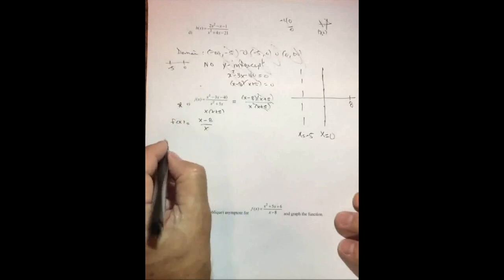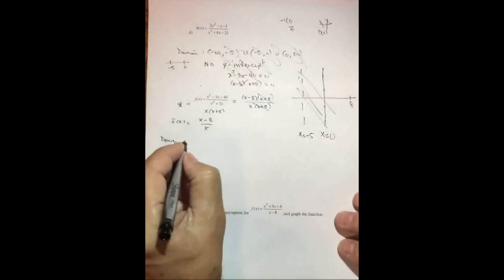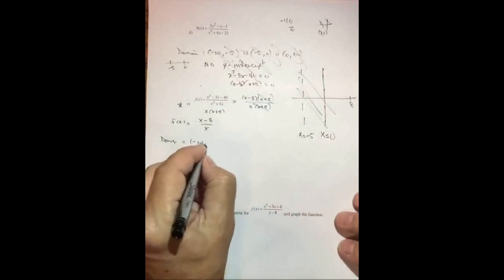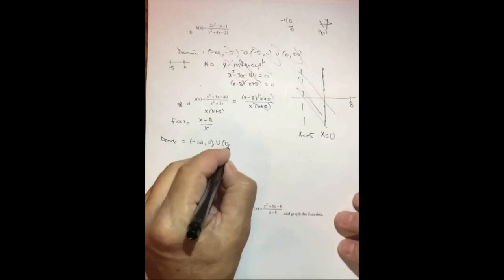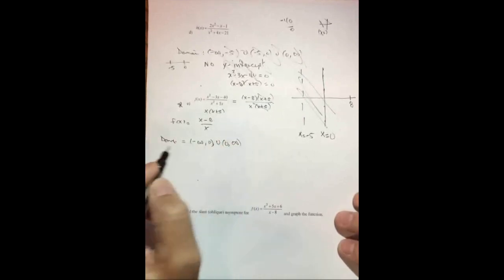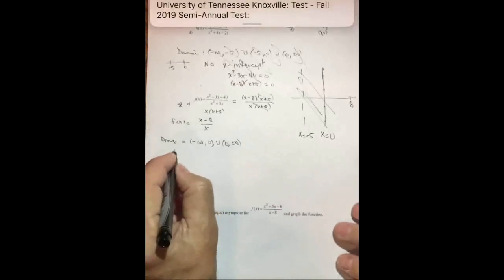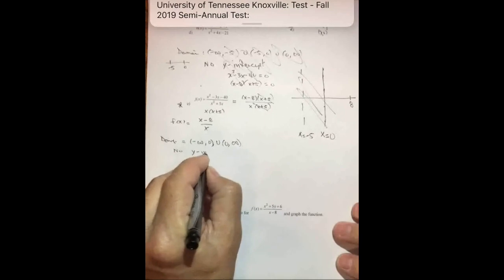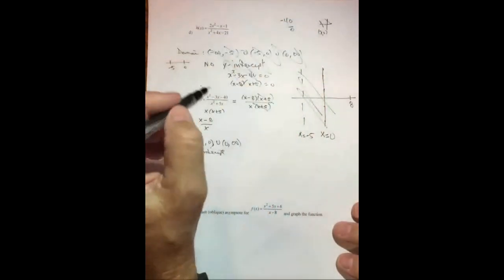Now let's start all over again. The domain, see, this is now wrong. The domain is going to be everything but 0. There's still going to be no y-intercept. Because remember, at a y-intercept, x is 0.